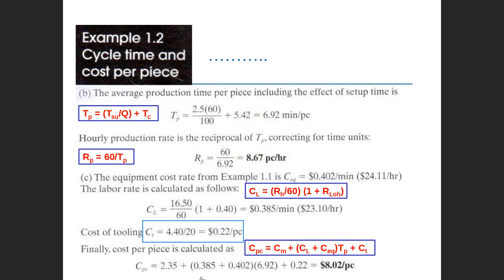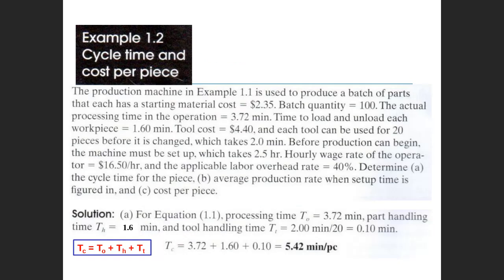I understand. This is TB, right? TB is in the equation, right? TB equals TC, TSCU divided by Q plus TC. And the TC here is the cycle time, including tool change time.